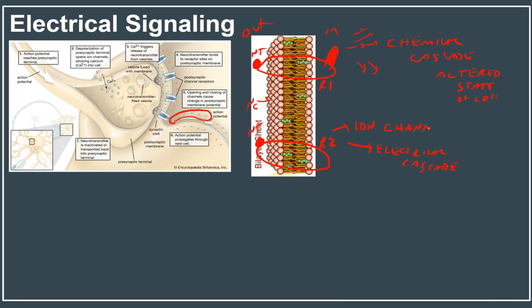And this should make a lot of sense to you. A lot of these receptors that are going to lead to an electrical signal are ion channels. They literally are like gates where there's a barrier up top, so the sodium is out here and it can't get through anything. But when this neurotransmitter binds, it opens up the door and allows sodium to start flowing through it.